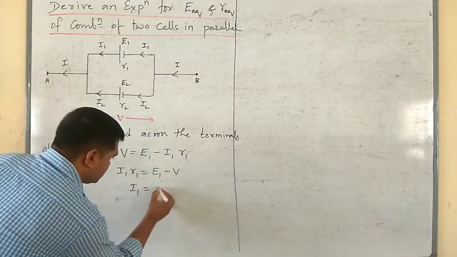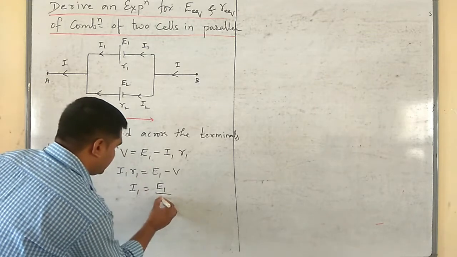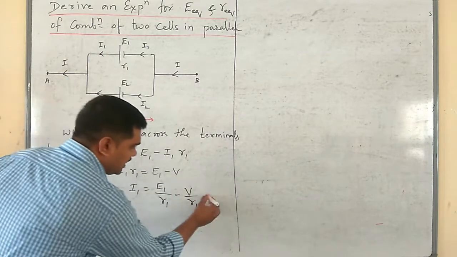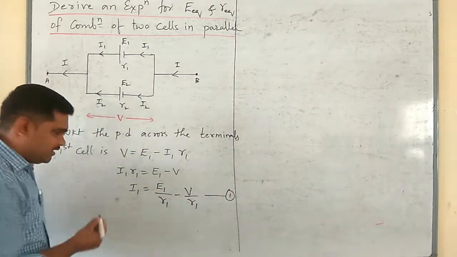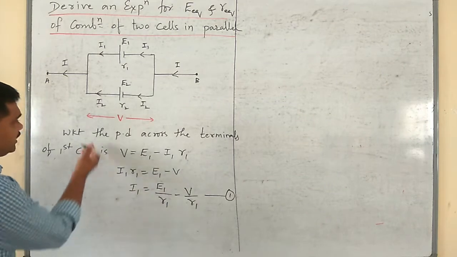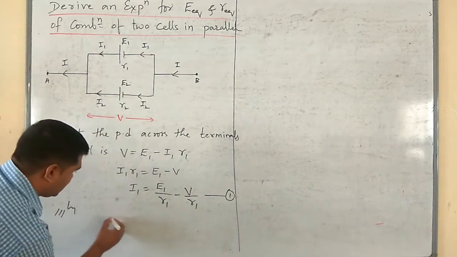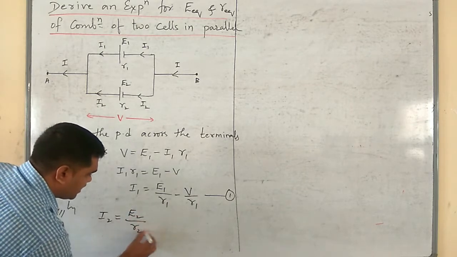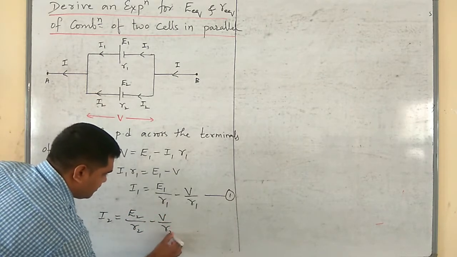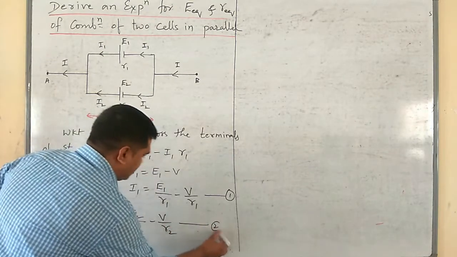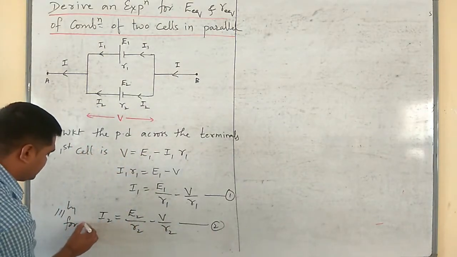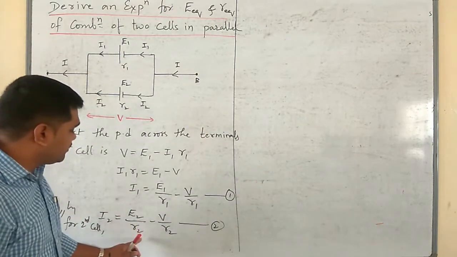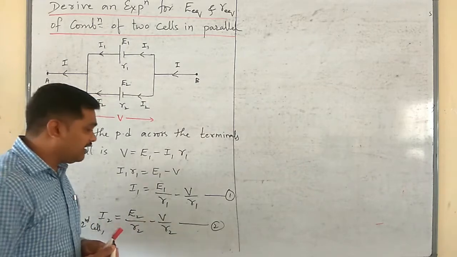Directly, I will write E1 divided by R1 minus V divided by R1. Let it be equation number 1. Similarly, for the second cell, you can directly write I2 is equal to E2 divided by R2 minus V divided by R2. This is equation 2.